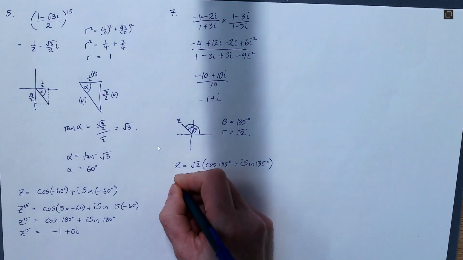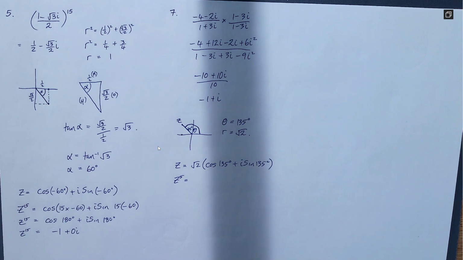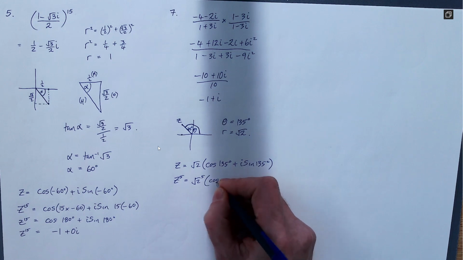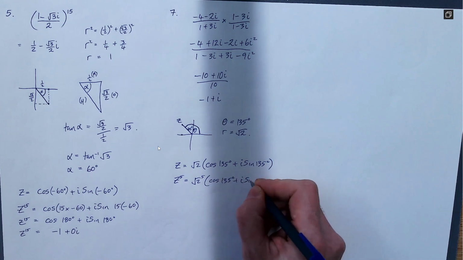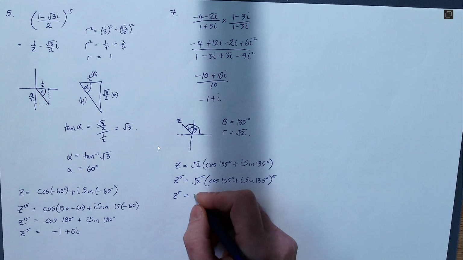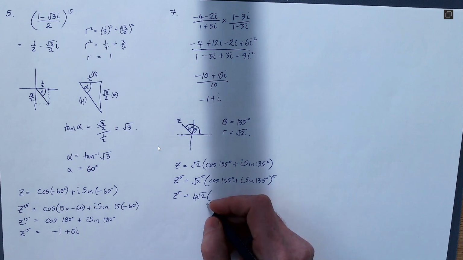Now raise this to the power of 5. So the modulus, the square root of 2 to the power of 5, is 4 square root 2. The angle, 135 times 5, is 675 degrees.